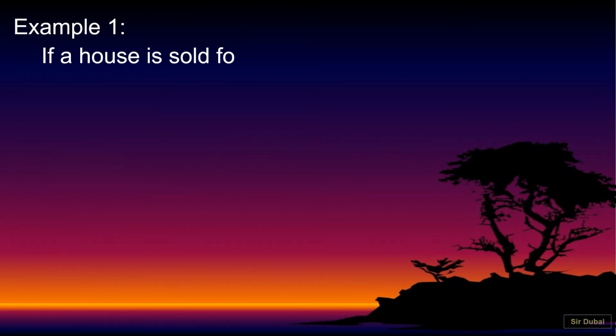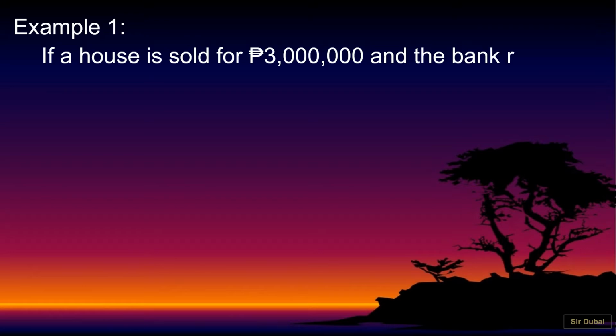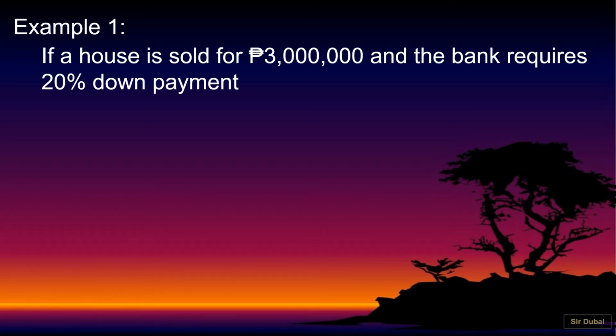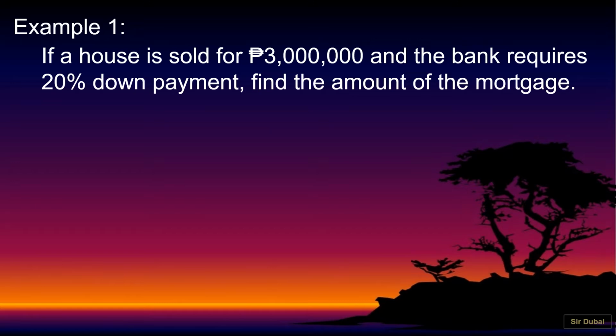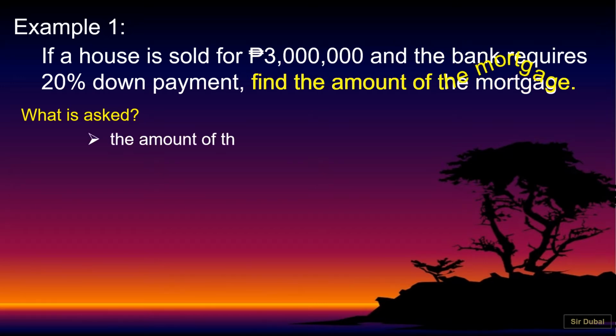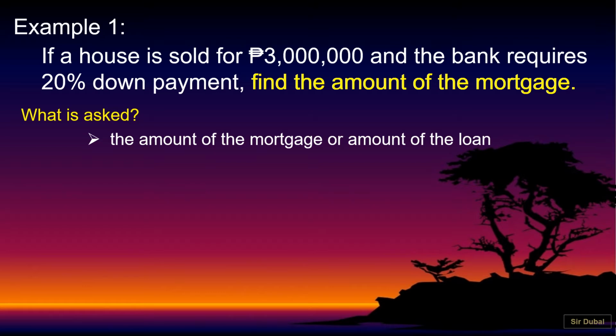If a house is sold for 3 million pesos and the bank requires 20% down payment, find the amount of the mortgage. What is asked in our problem? We are asked to find the amount of the mortgage, or in other words, the amount of the loan. In solving this problem, we need to know the formulas.